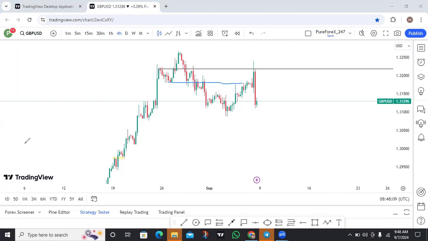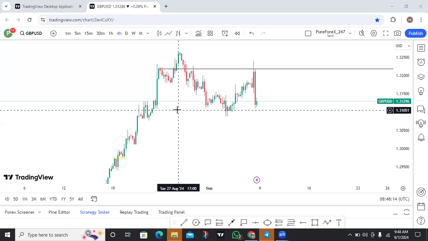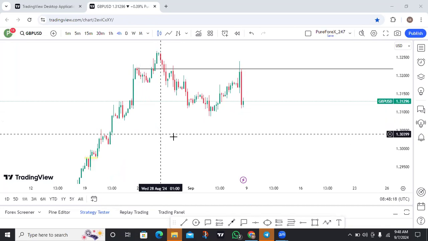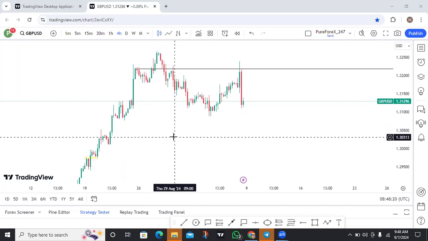Remember, reversal is more powerful than continuation, right? So when you see a continuation setup in a particular place, and you also see a reversal setup, you have to be more concerned about the reversal, because price will always react from the reversal setup more than the continuation setup, right?